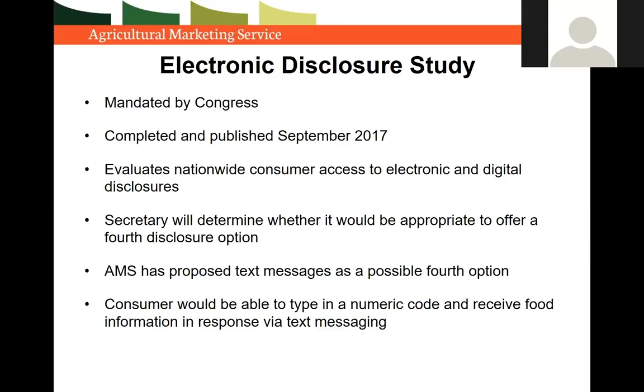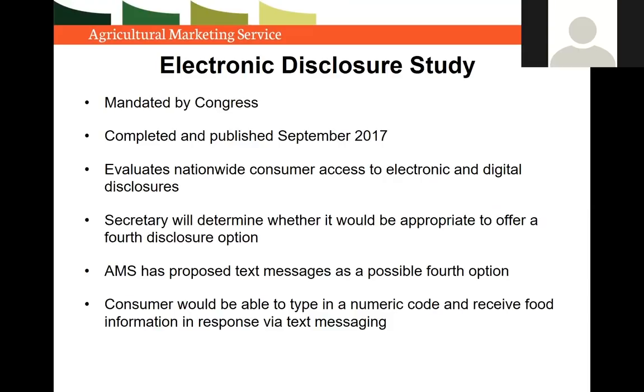That most Americans live in areas with sufficient broadband access, about 93.6%, to be able to scan a digital link to access bioengineering food disclosure information, that all national chain stores and most regional chain stores, around 97%, do in fact provide Wi-Fi in stores, that of small retailers, 37% already provide Wi-Fi to consumers in stores, that consumers may recognize digital links but lack familiarity with scanning, that many consumers, around 85%, experience technical challenges using certain mobile software applications or apps for scanning digital links, and that scanning digital links requires access to the internet.